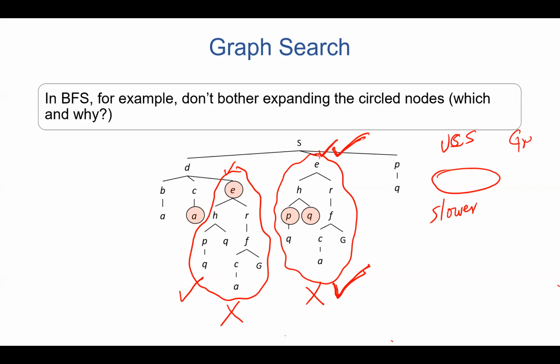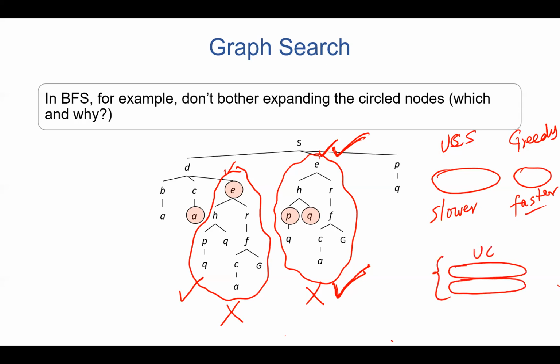Then we have greedy that is much faster, because all it cares about is the H of n. But there is an issue with each of these algorithms. What we are trying to do is stacking them on top of each other, because this is h of n and this is g of n, and coming up with a solution g of n plus h of n.